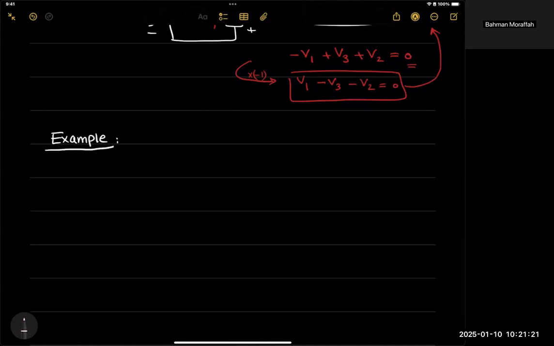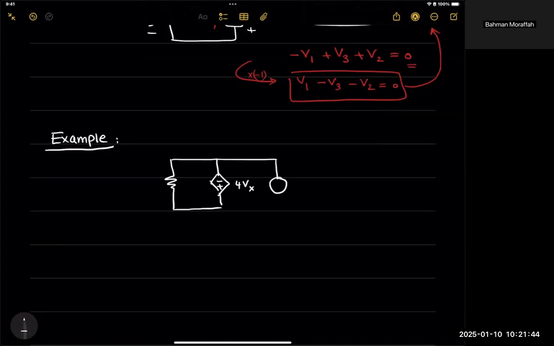Let's say I have this circuit here. I have a dependent voltage source. The value of this voltage source is 4 times Vx, so it's a dependent voltage source controlled by a voltage in the circuit. So I have to tell you what this Vx is.